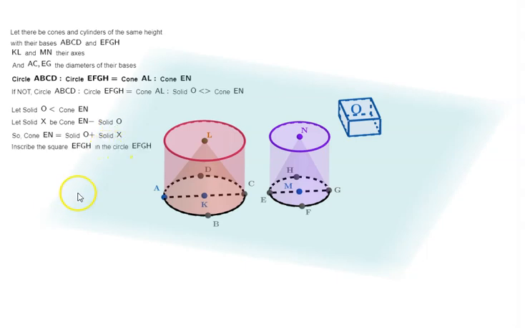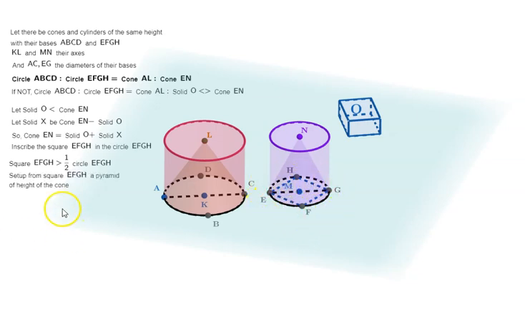Now inscribe the square EFGH in the circle EFGH. So let's do that. Which means square EFGH is going to be greater than half of the circle EFGH.